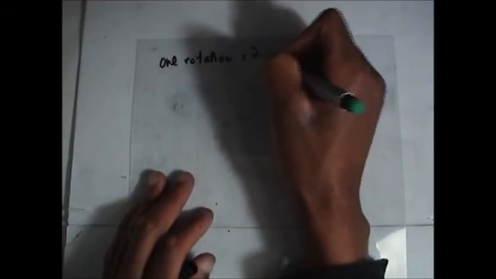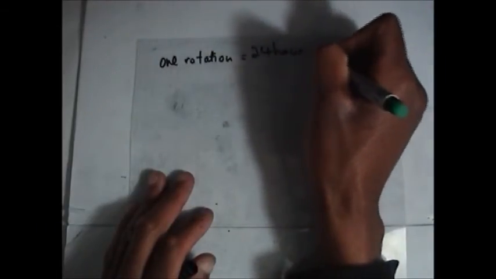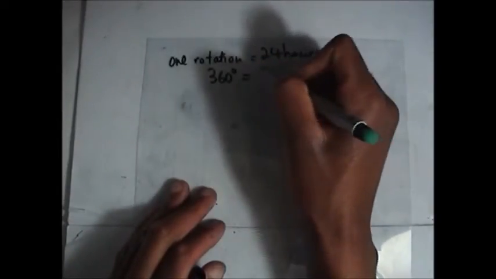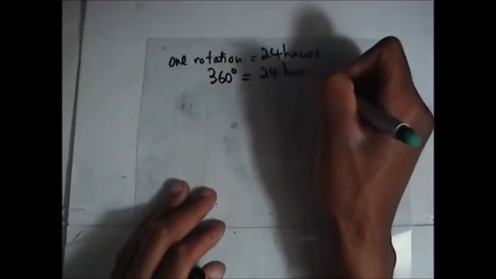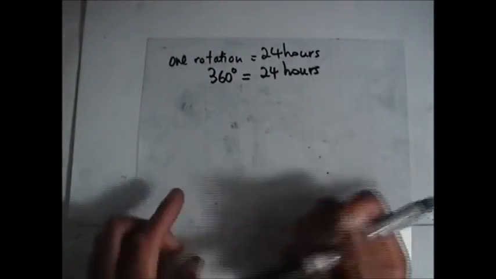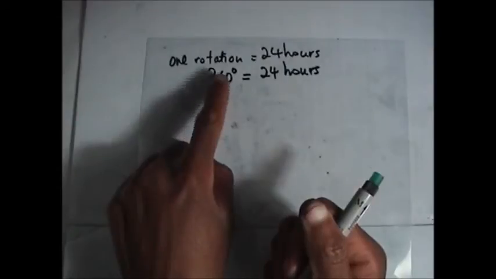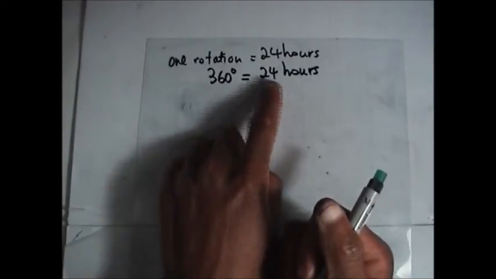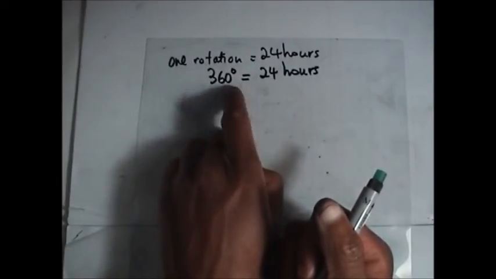Let's say one rotation is equal to 24 hours, right? So what this basically means is one rotation is 360 degrees. Therefore, 360 degrees can be likened to 24 hours. So when it goes right through 360 degrees, one rotation, it takes 24 hours. These two should be representing the same thing.